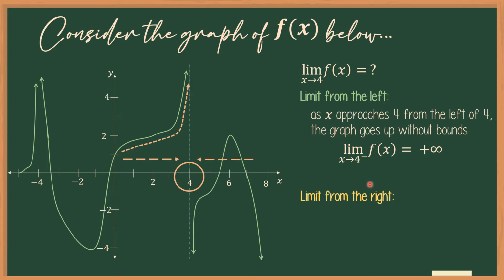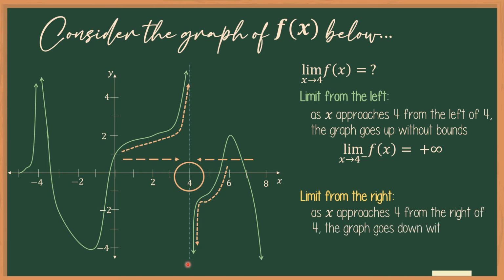Okay, how about the right-hand limit? We take values of x from the right of 4 going to 4. If you observe the behavior of the function, look at the graph. The graph goes down, so the function values decrease without bounds. If you trace it, as x approaches 4 from the right, the graph goes down without bounds.